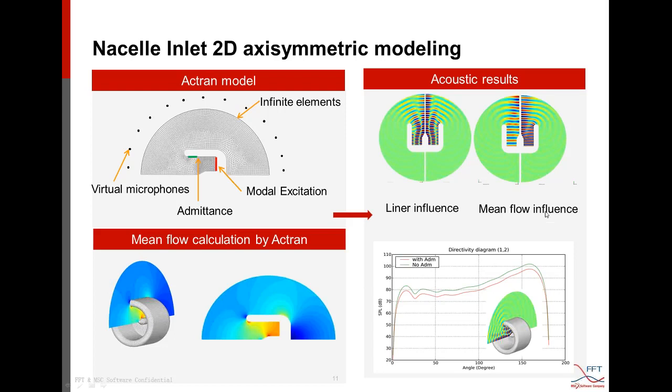On the right, we see the mean flow influence. On the left there's no mean flow, and on the right the mean flow is modifying the acoustic propagation. We see that the acoustic waves are compressed in a way. And in terms of directivity in the far field, we see that with the liner designed, there is a drop of sound pressure level measured at a majority of the microphone positions in the far field.